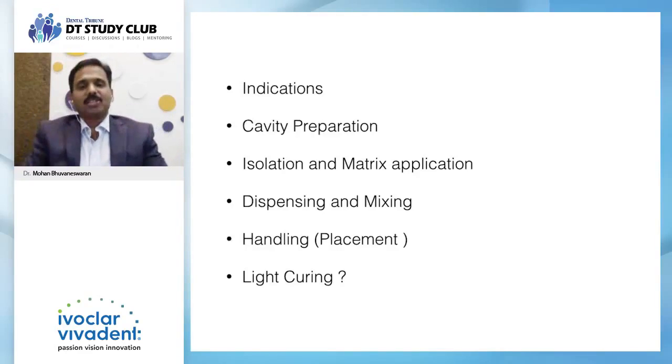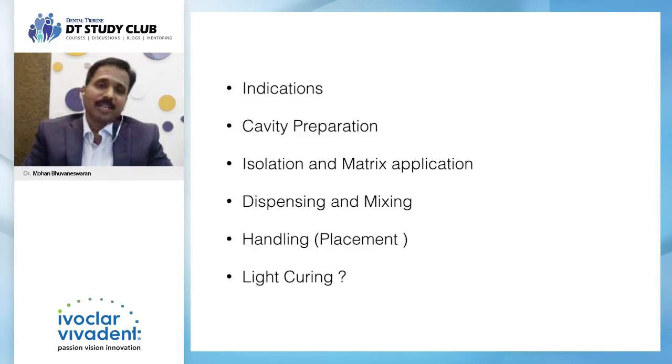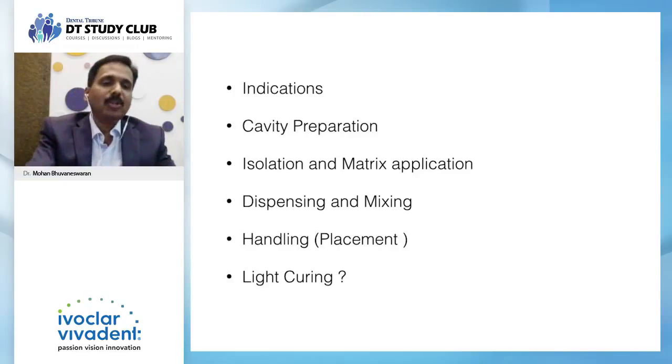First is the indication, then cavity preparation, isolation and matrix placement, dispensing and mixing, handling, and then a final note on light curing. As I told you earlier, please don't get into the habit of light curing. Light curing is an option for when, in your hurry to polymerize the restoration, because there is a lot of saliva coming in, only then you use it.